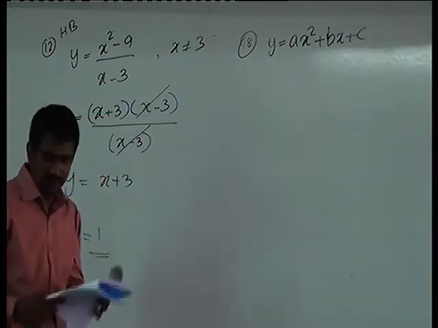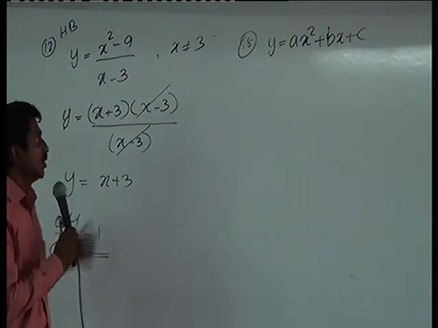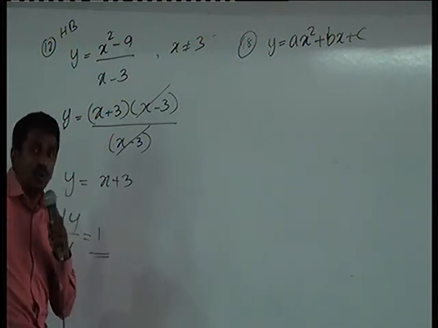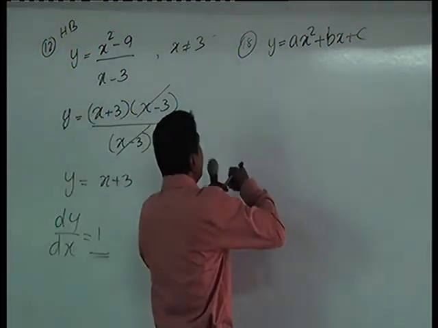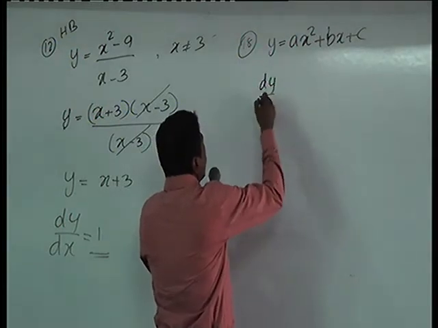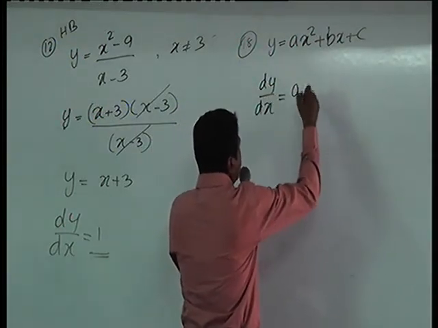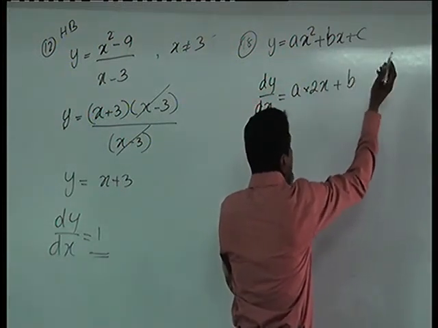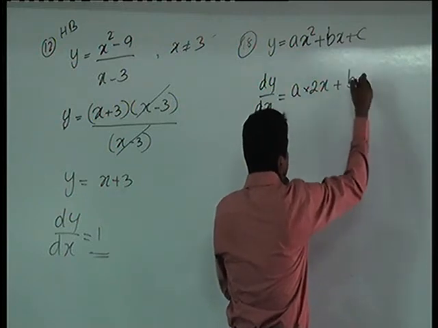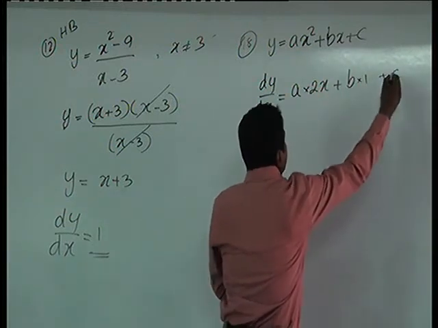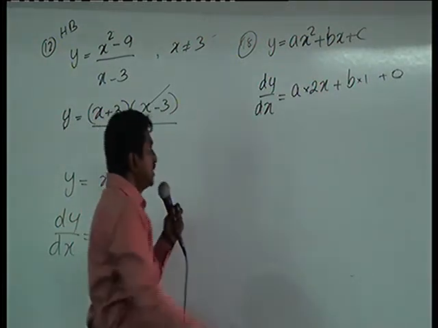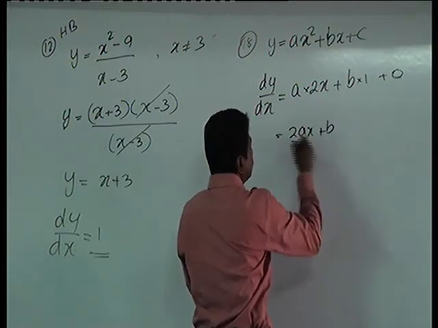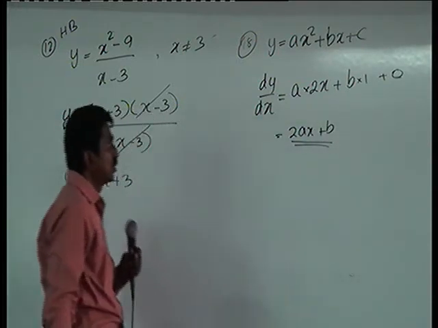Differentiate this one. Don't worry about the symbols, even though we have a, b and c, those are coefficients. So dy by dx is equal to a into 2x plus b into 1, c becomes 0, because when you differentiate x, that is equal to 1, plus 0. So the answer is 2ax plus b.